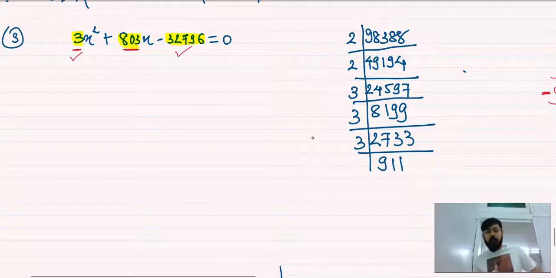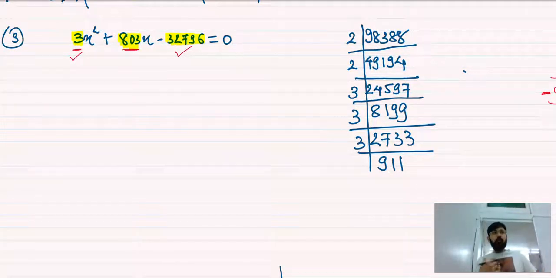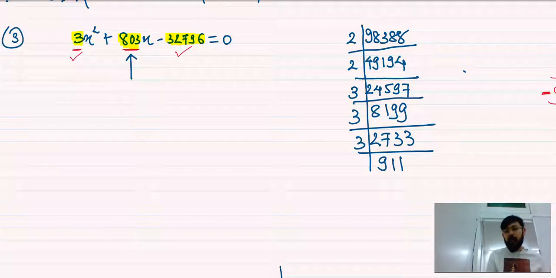See here, I've got a number 911 which I don't want to divide further because I'm really unsure whether it is a prime number or not. And the middle term which I have over here is 803, which is fairly close to 911.